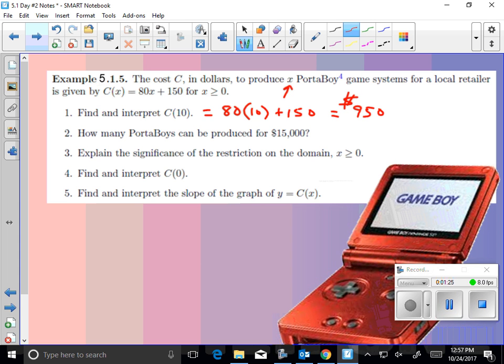How many Portaboys can be produced for $15,000? In this case, I'm going to take that 15,000 as my output, set it equal to 80x plus 150, and solve for x. Subtract 150, that'd be 14,850.